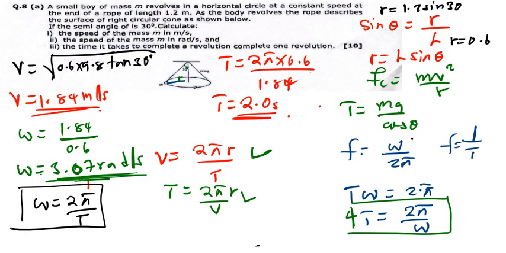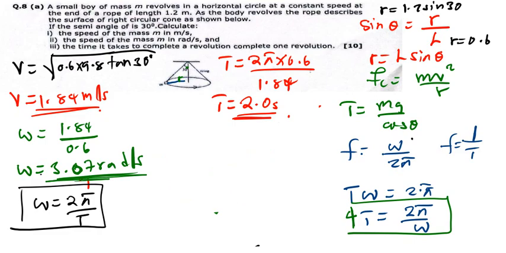Now if I want, I can also use this other formula, but I should get the same answer. I can use this one for the W. T will be equal to 2 pi divided by W, which is 3.07.